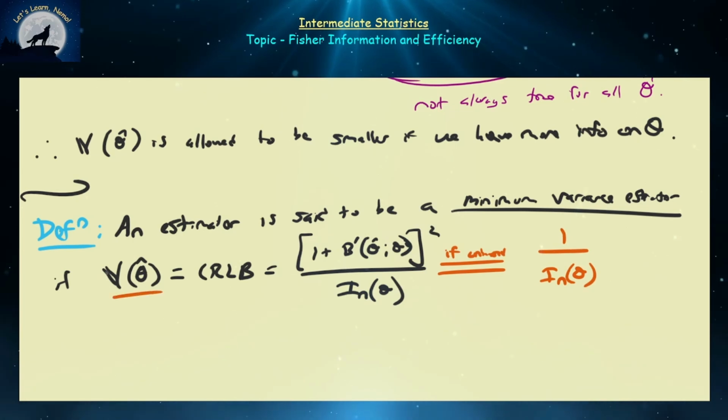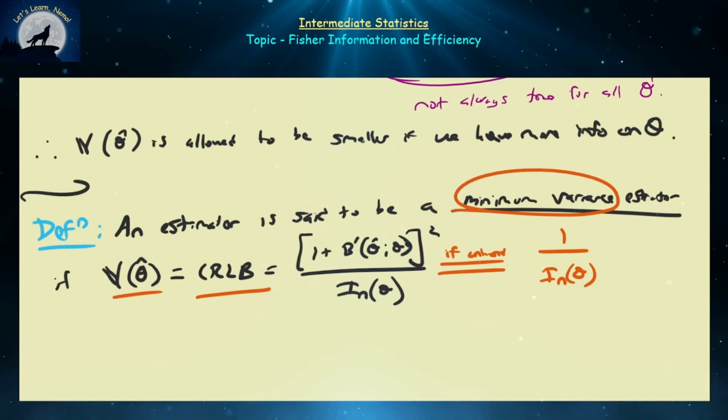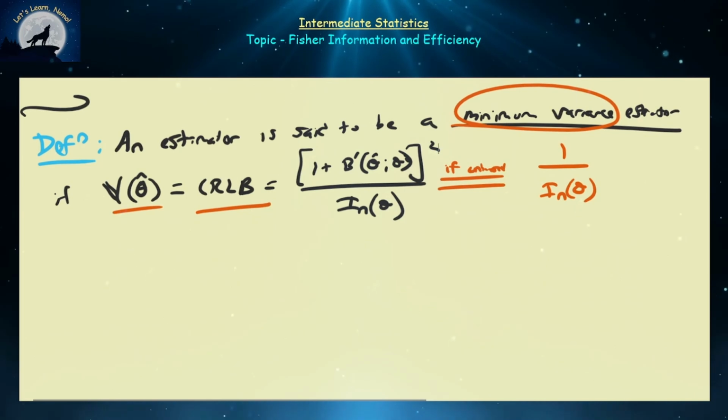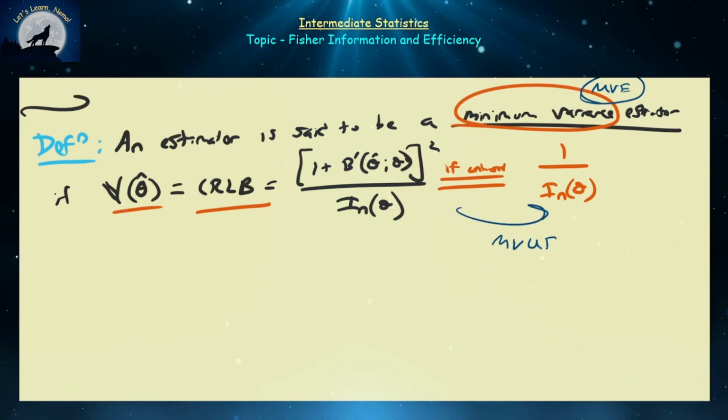So if the variance is equal to the Cramér-Rao lower bound, then we say that the estimator is a minimum variance estimator, because there does not exist any other estimator out there that will have a variance less than it, which we've already proven. So if it is a minimum variance estimator, which we abbreviate by MVE, and if it satisfies the unbiased property, we'll call it a minimum variance unbiased estimator, an MVUE.